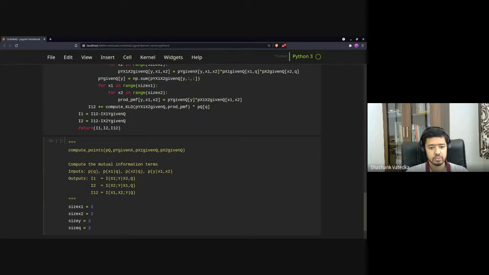The alphabet for x1 is binary, for x2 is binary, for y is binary, and q is also binary. So it's basically a channel where you have two inputs, x1 and x2, two bits sent by two users, and the receiver also observes a single bit in every channel use. And q, remember, is the time sharing random variable.